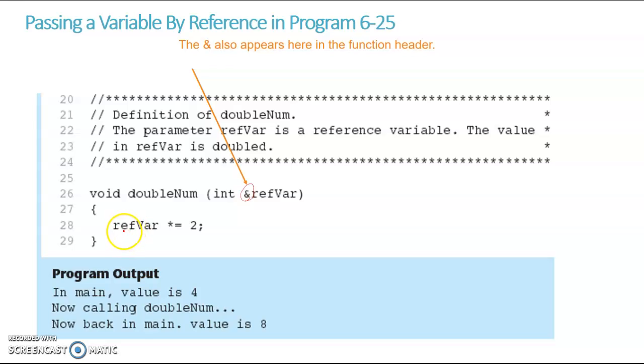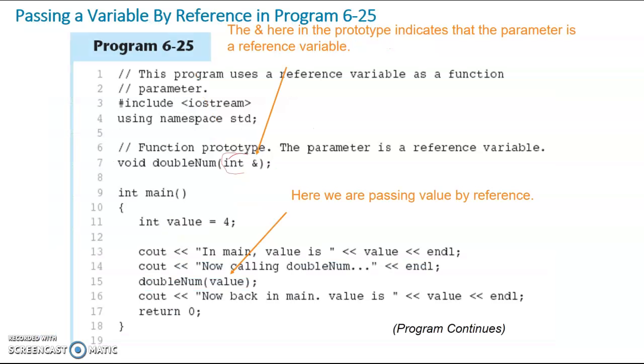So what happens here is it lets reference variable equal reference variable times 2. So remember, we called and passed it a 4. Okay, and so reference variable is going to be multiplied by 2. And so when it calls to print value again, after the function call, value in memory was updated to be an 8.